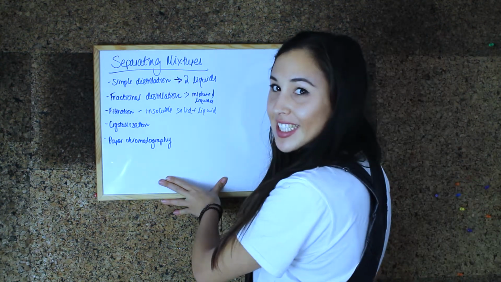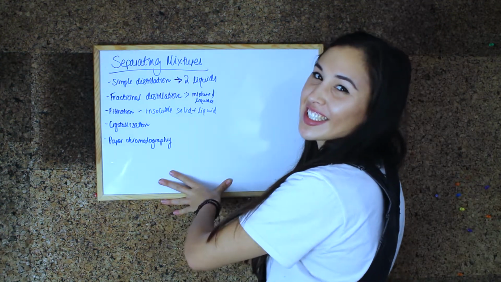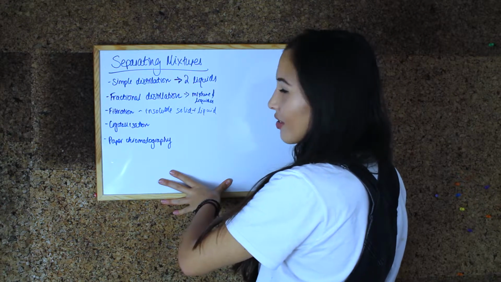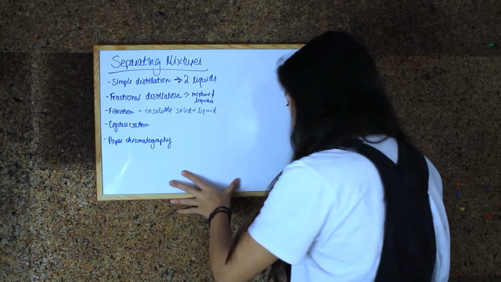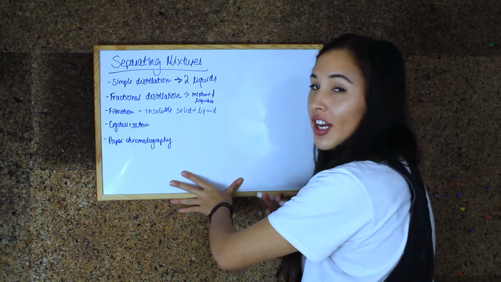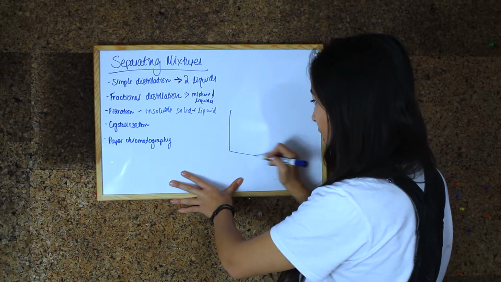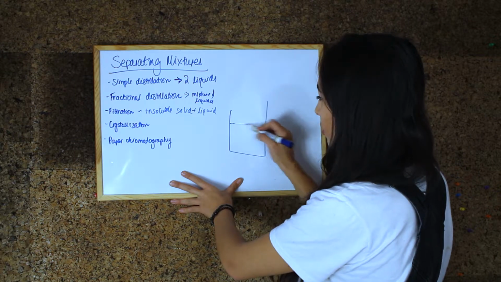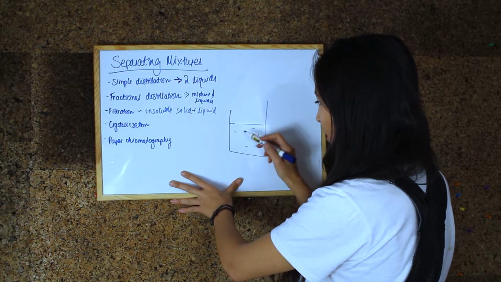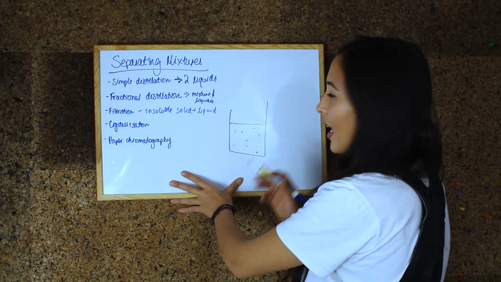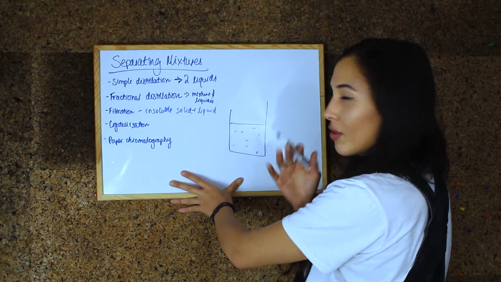Okay. So crystallization. I always like crystallization. It sounds really nice, but it's not actually altogether that exciting. But hey ho, say you have done a neutralization reaction, for example, and you've created a salt, but your salt is dissolved in water, and you want to get your salt back. You want to see those salt crystals.